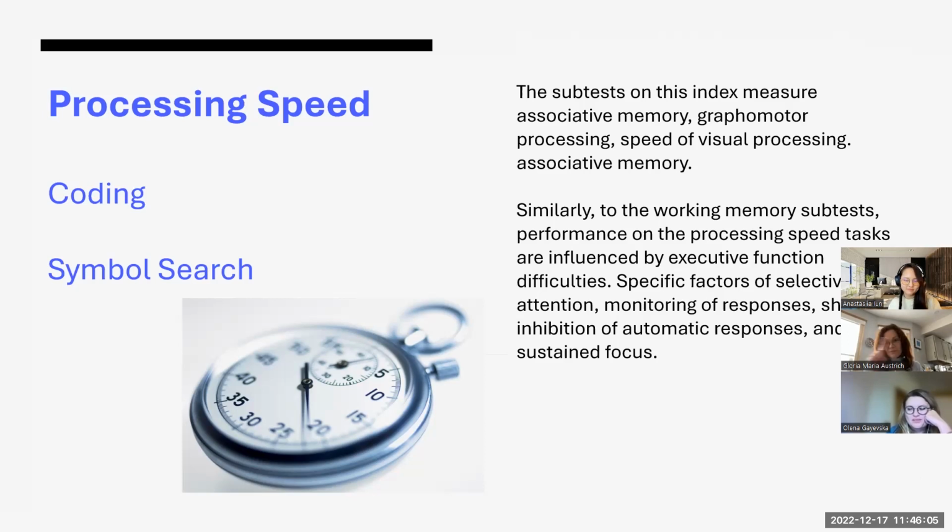Sometimes there are rows on the symbol search, and if a student misses rows, the question is, was this visual perceptual, or was this the response style? So it's always important to go back to the subtest and really analyze the errors and put those errors in context of the child, of what you have learned about that child.